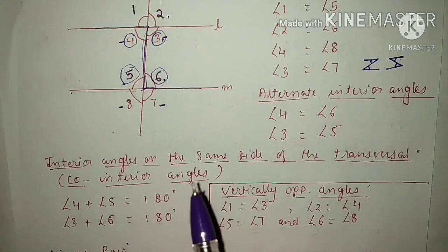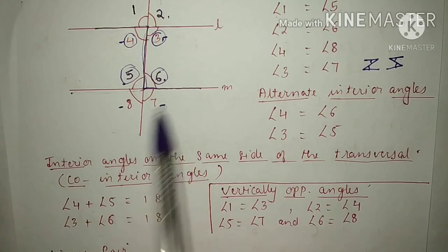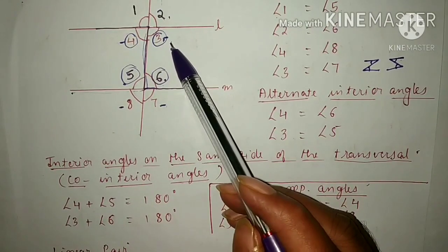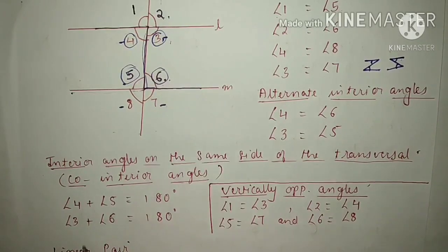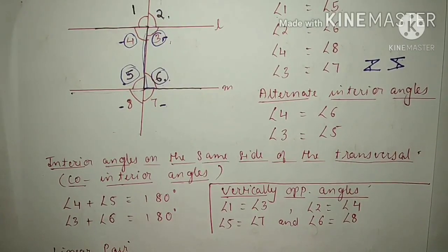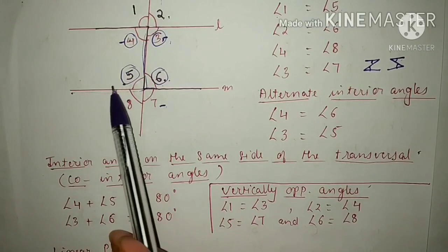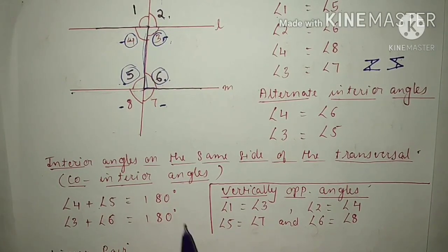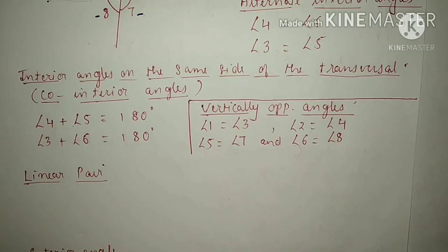These angles are not equal, but their sum is equal to 180 degrees. So angle 3 plus angle 6 is equal to 180 degrees, and angle 4 plus angle 5 is also equal to 180 degrees. Why is their sum equal to 180 degrees? Because they are co-interior angles.